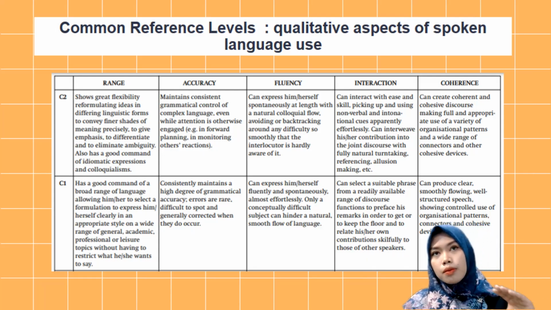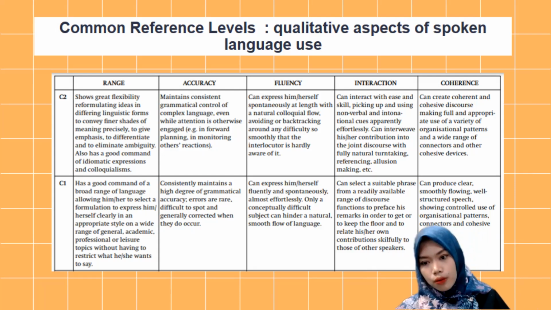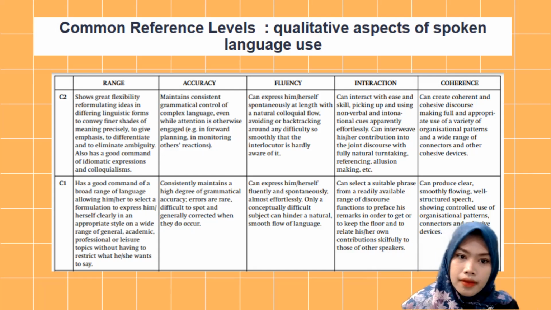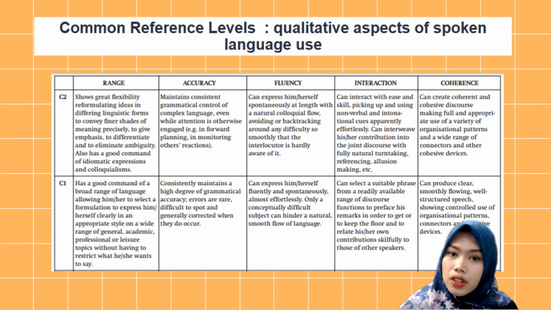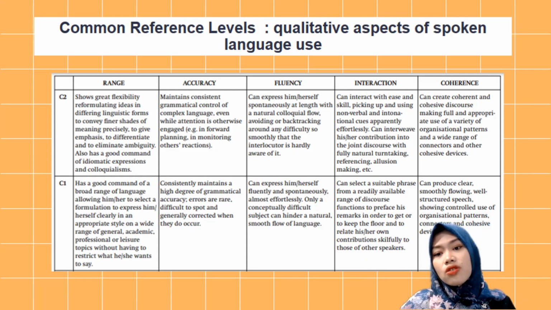And then B1, B2 is intermediate, and A1 and A2 is the lowest. Okay. It also has its explanation in each stage, for range, for the accuracy, for the fluency, for the interaction and coherence. Okay, you can read it, everyone.